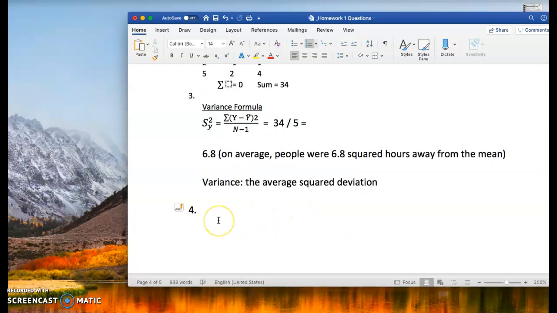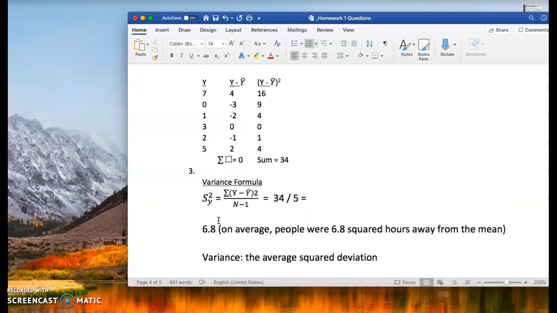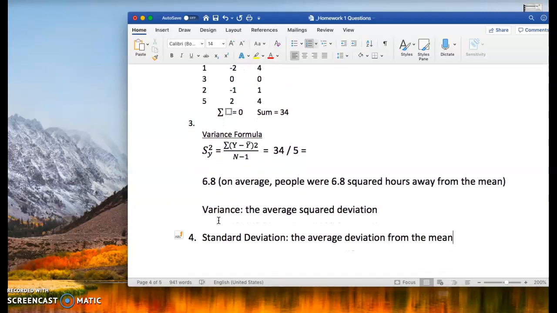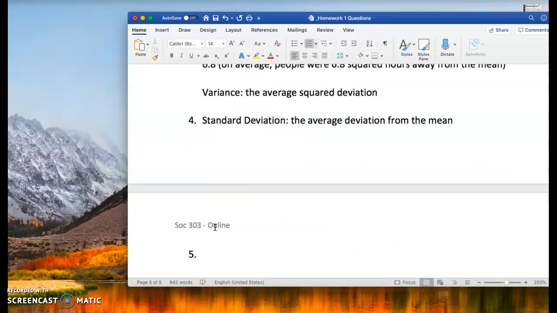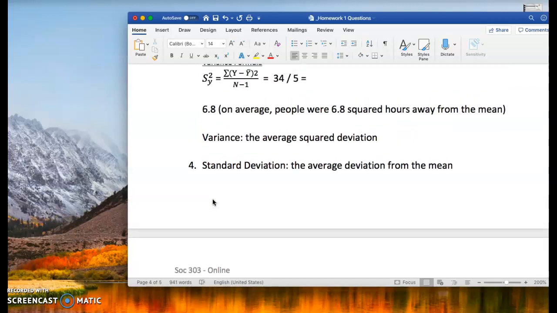This is the last step, and to find standard deviation, which, by the way, is the average deviation from the mean. In other words, if we were to take all of the deviations from the mean and find the average, that's what our standard deviation represents. And I'll talk a little bit more about its meaning and its significance in a bit once we actually calculate it. So the last step is to find the standard deviation.